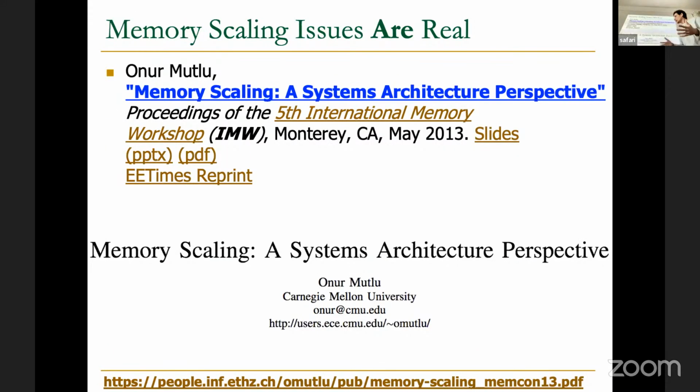And these innovations are basically trying to find ways of dealing with memory scaling issues. These memory scaling issues have been happening for many, many years. This is a paper from Professor Mutlu from 2013. Ten years later, the landscape is not better, it's probably even worse.